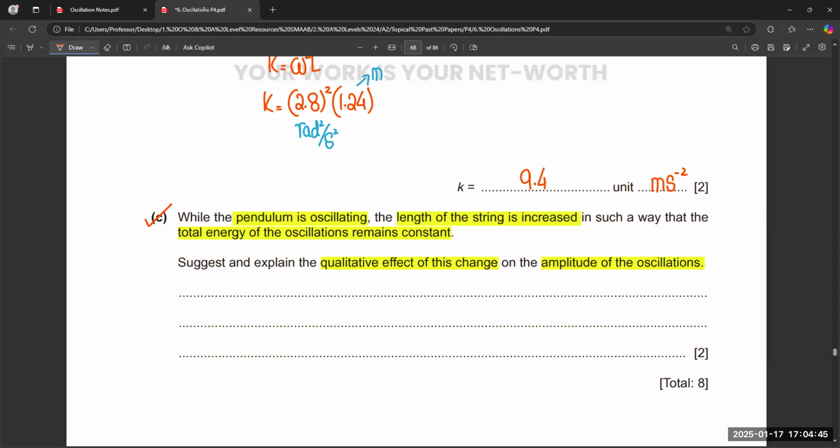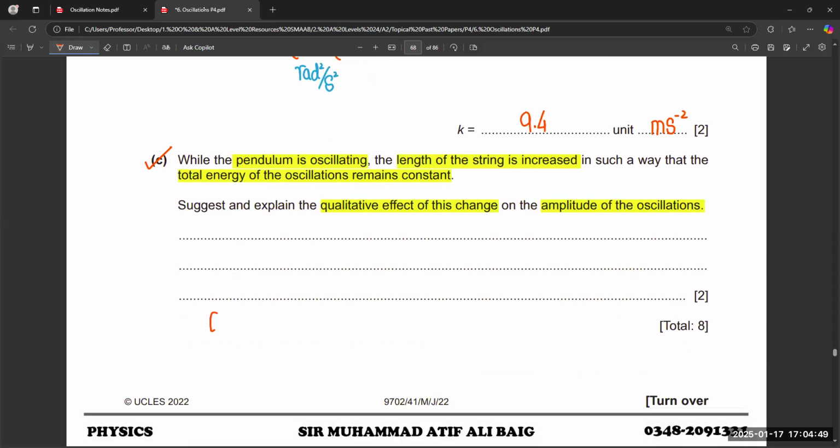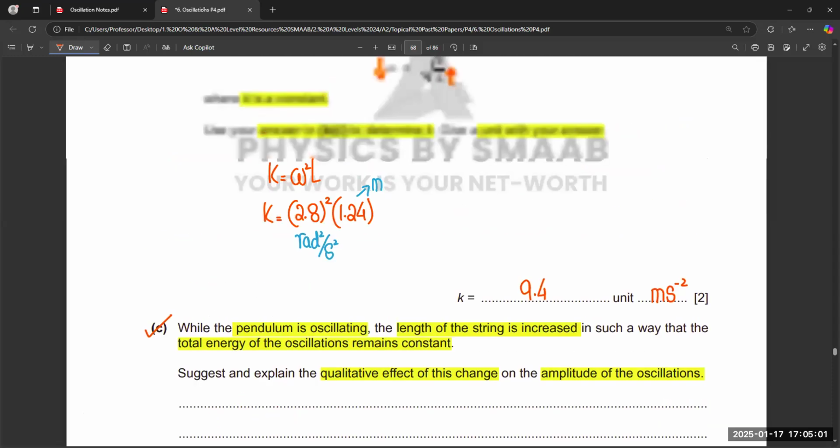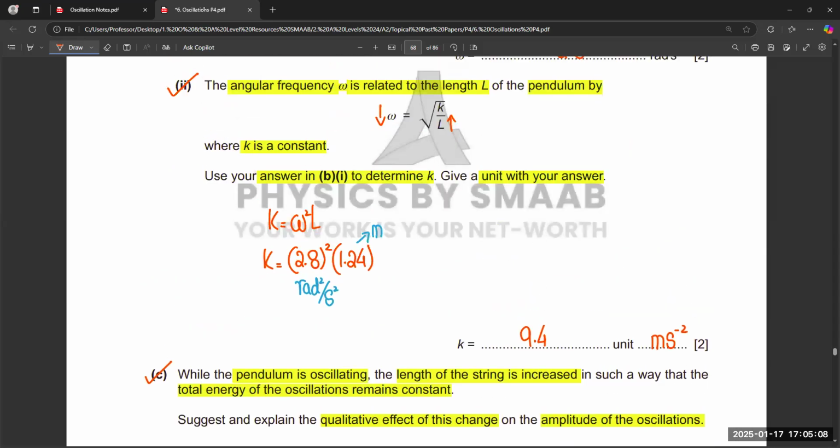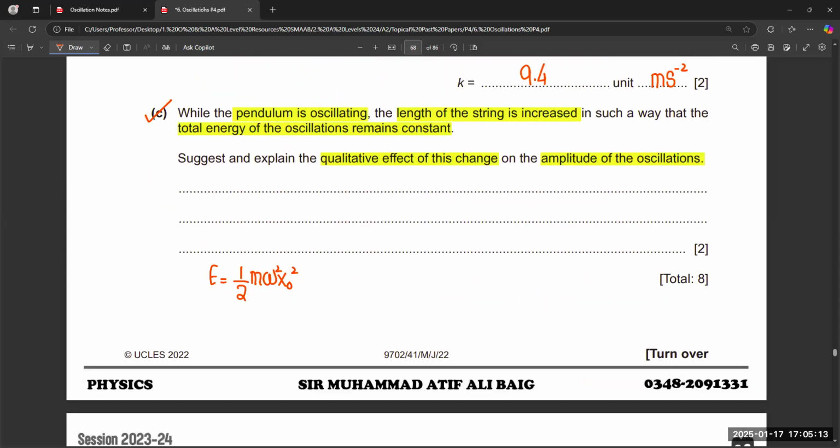For example, energy equals half m omega square x naught square, and in place of omega square, we can write k over L, because omega square is equal to k over L. So this is the equation: m k x naught square over L. Now if you increase the length, the length will shift to the other side.